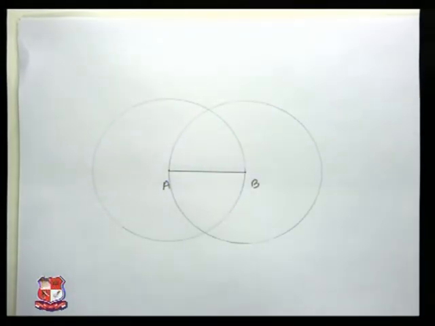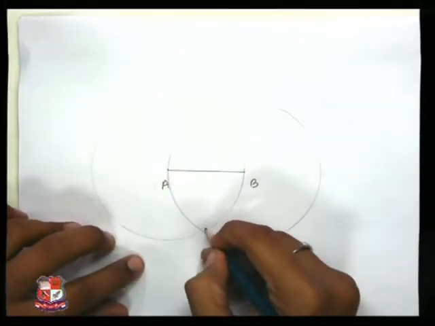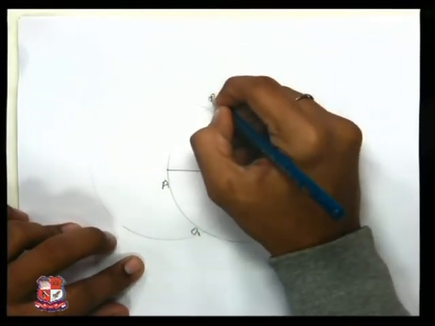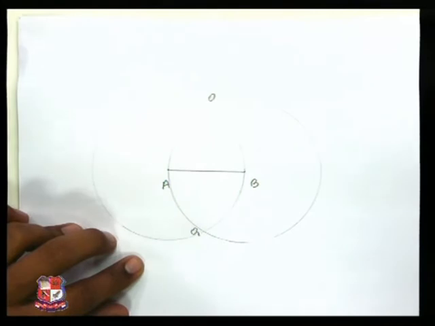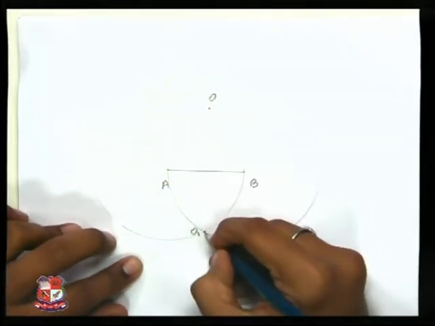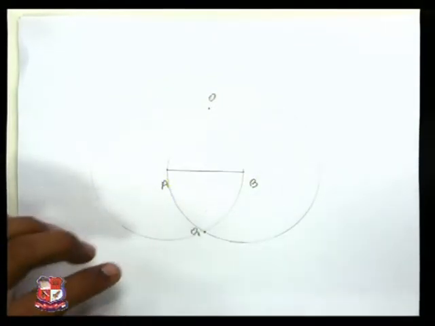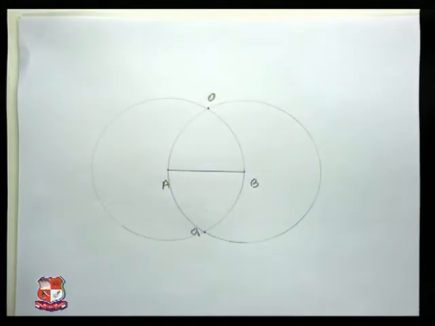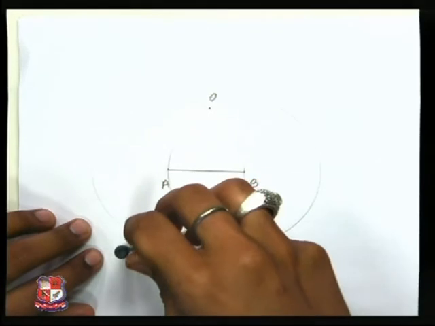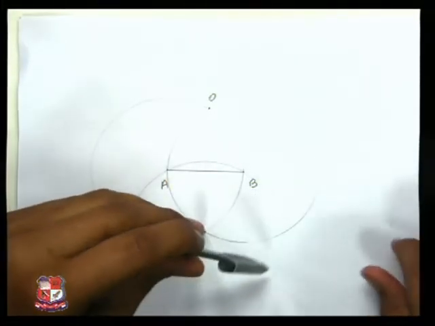Now we should draw a third circle. Let's say O1 and O. Take O1 as center, O1O as radius, and draw a third circle. Like this.